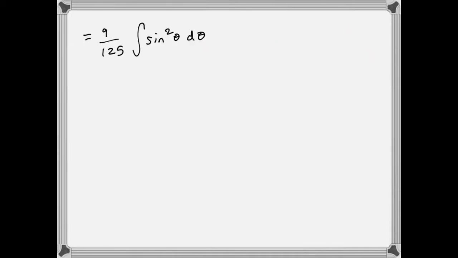How do we integrate this? Remember, we learned how to do this in 7.2. We learned that if it's even, you need to use a half angle formula. So let me remind you guys of the half angle formula. It says that sine squared theta is equal to 1/2 minus 1/2 cosine of 2 theta.